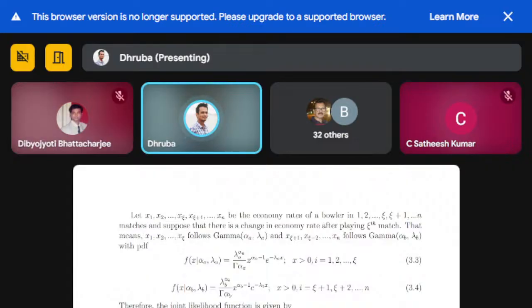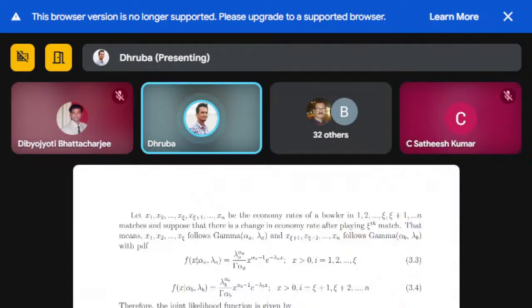That means x1, x2 up to xi follow a gamma distribution with parameters alpha A and lambda A, and after the point xi, xi plus 1, xi plus 2 up to xn follow again a gamma distribution with different parameters, say alpha B and lambda B. And their distributions are given in equations 3.3 and 3.4.